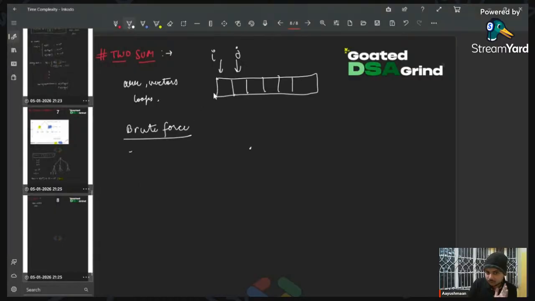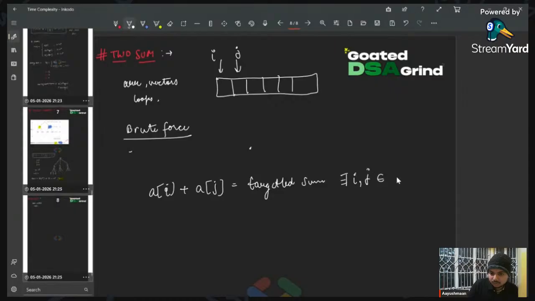So if I had to write this two sum problem, I would write that when we add array of i plus array of j, that should be equal to targeted sum, when there exists i comma j that belongs to, you can write like this, either from 0 to array length, or you can write like this, i comma j that belongs to array of length.